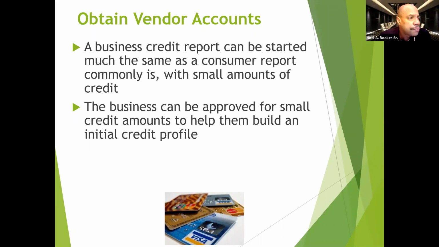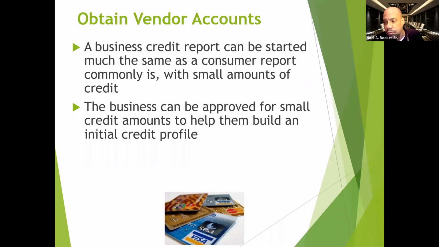Okay, so now once you've got your credibility set up and you understand the business credit reports, what we're going to do is start your business credit profile. We're going to do that by finding companies that will give you credit when you have no credit and they have to report.